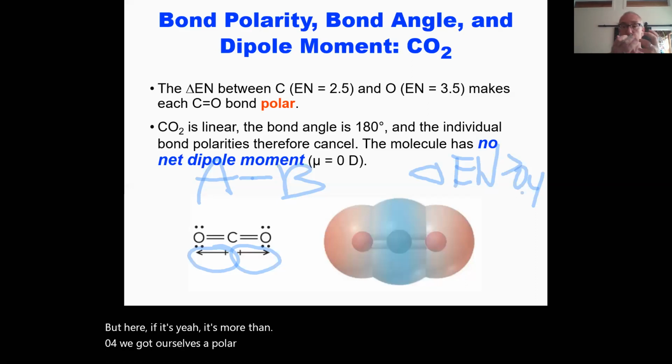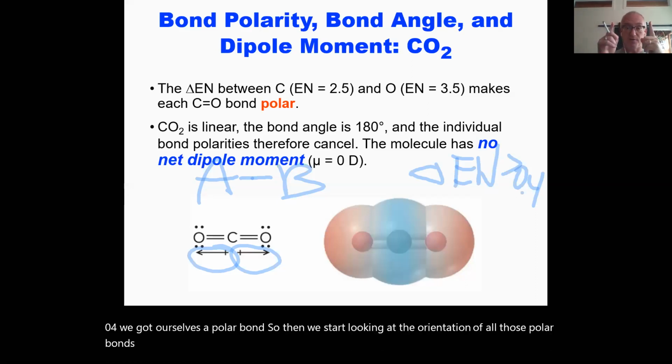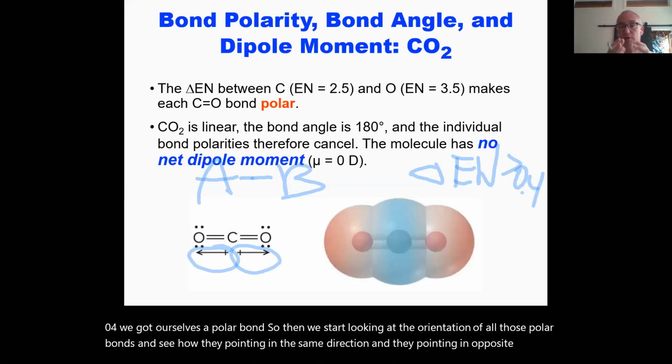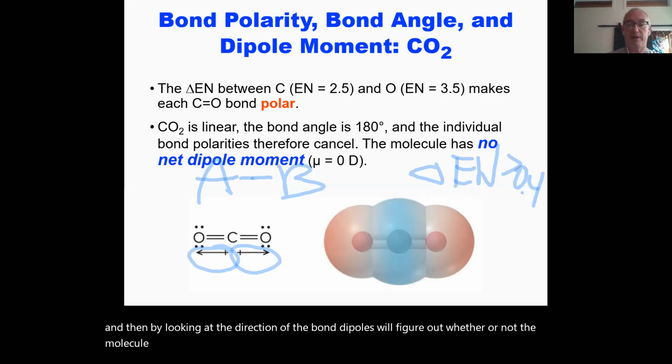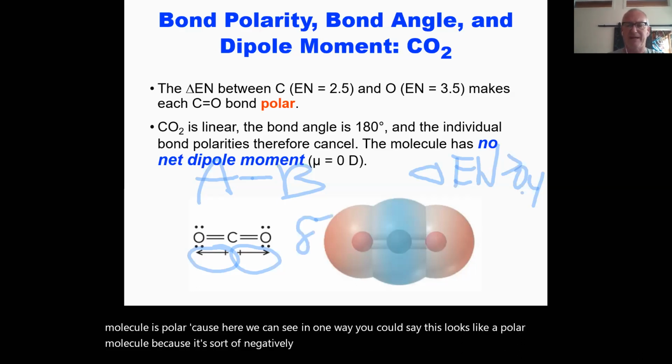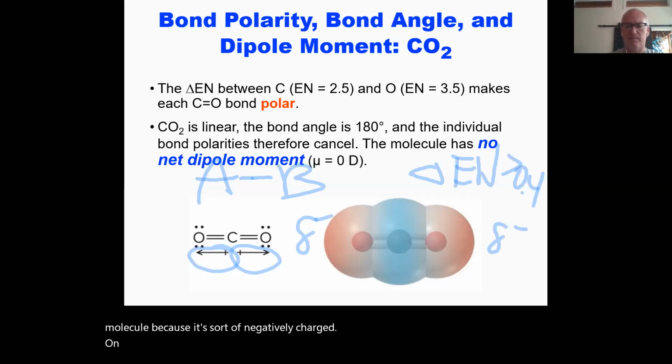So then we start looking at the orientation of all those polar bonds and see, are they pointing in the same direction? Are they pointing in opposite directions? By looking at the direction of the bond dipoles, we'll figure out whether or not the molecule is polar. Here, you could say this looks like a polar molecule because it's negatively charged on either end and slightly positively charged in the middle.